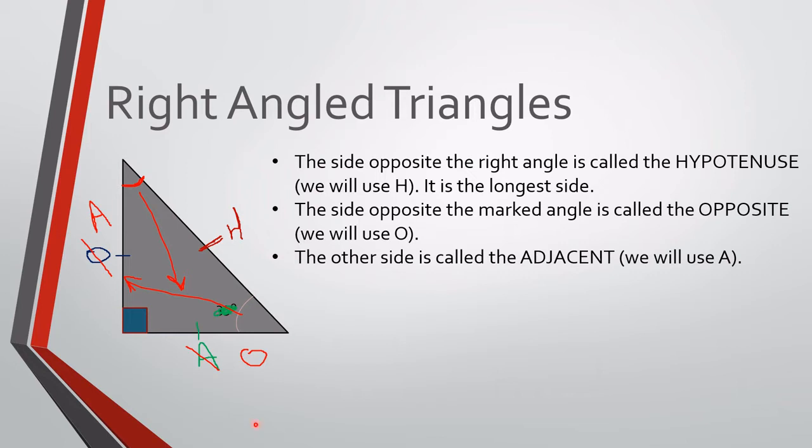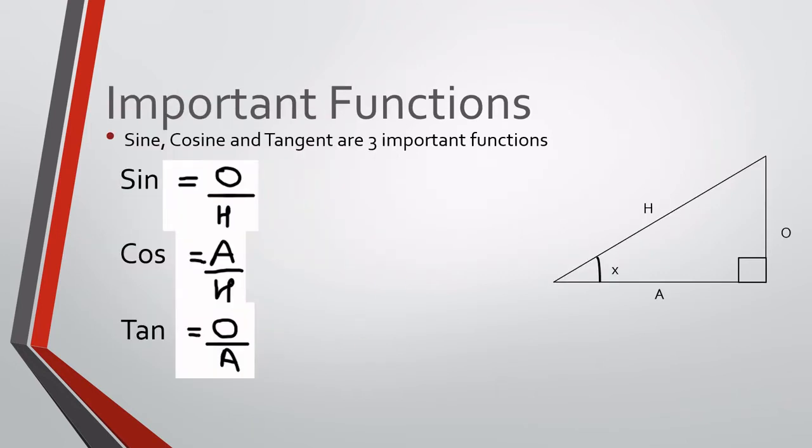Simple. Let's move on. Now these are important functions, or we can say formulas, which you definitely need to remember. Sine, cosine and tangent are three important functions. Sine is opposite upon hypotenuse. Cos is adjacent upon hypotenuse. Tan is opposite upon adjacent.